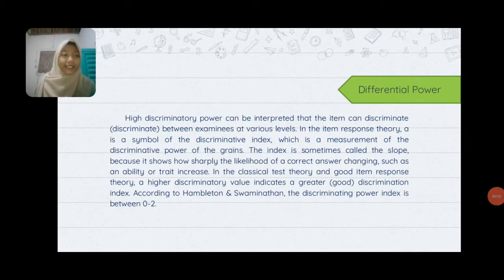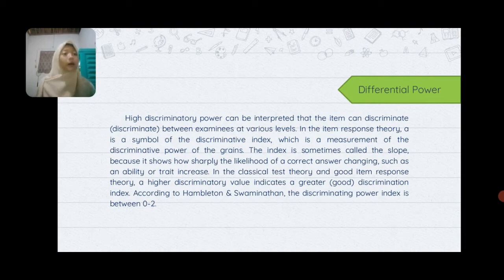Okay, next is the aspect of discriminating power. High discriminatory power can be interpreted as the item being able to discriminate between examinees at various levels. In item response theory, A is the symbol of the discriminative index, which is a measurement of the discriminative power of the items.